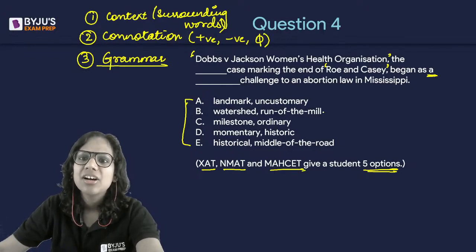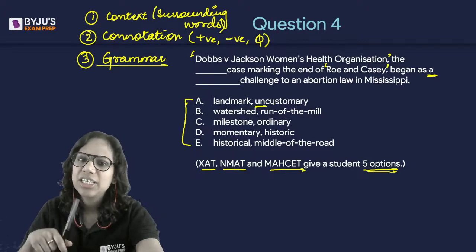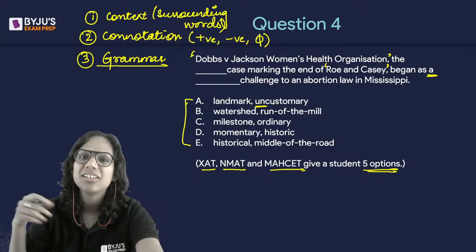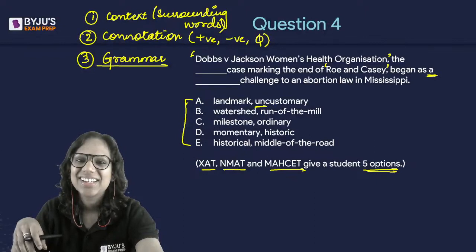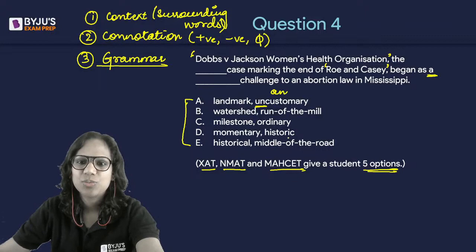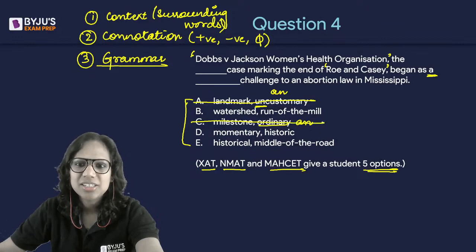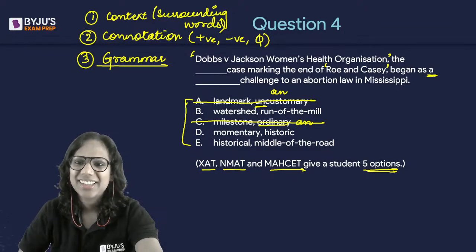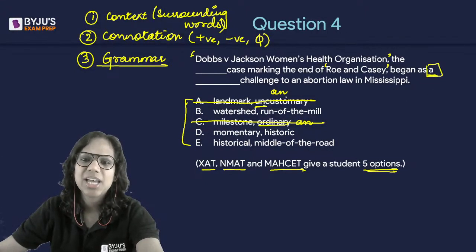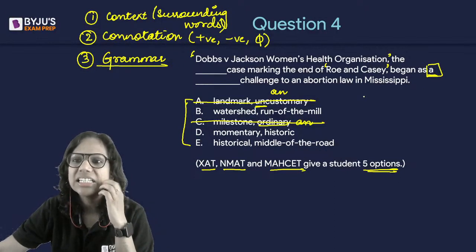As a uncustomary challenge, okay? Is it correct to say as a uncustomary challenge or as an uncustomary challenge? This is a vowel sound. So it has to be an uncustomary challenge, an ordinary challenge. So A and C cannot be the answers here. Do you get this? I eliminated this simply on the basis of the fact that these are vowel sounds. They need an. They don't need a.